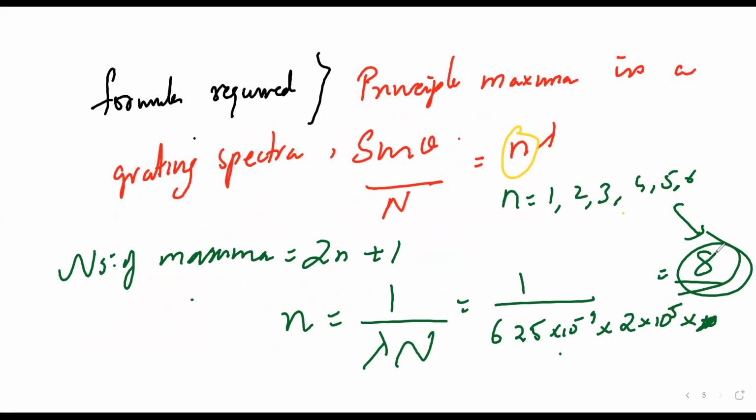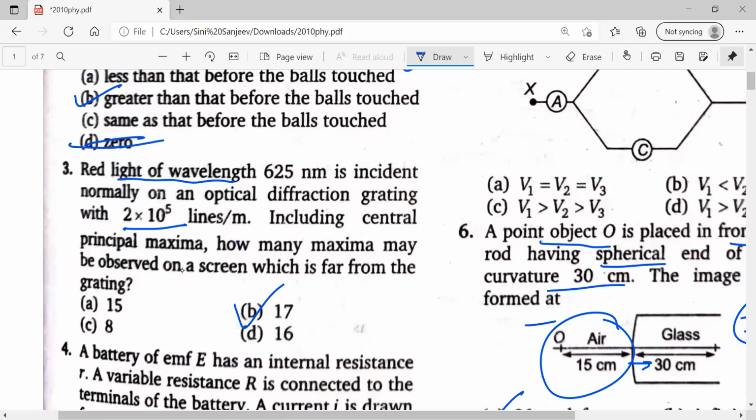So if I'm getting N equal to 8, what is my number of maxima formula? 2 into 8 plus 1, that is 17. 17 is my answer for this. Here I took it as 6.25 nanometer, so that's the reason I got 800. I thought whether the question was wrong or whatever I did was wrong.